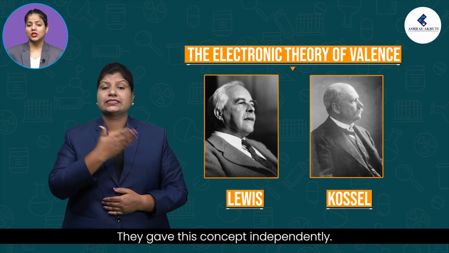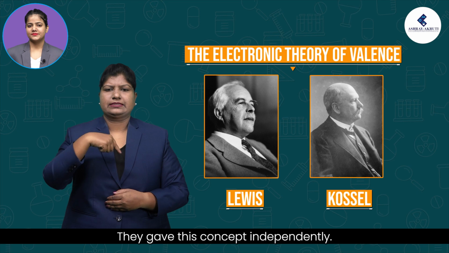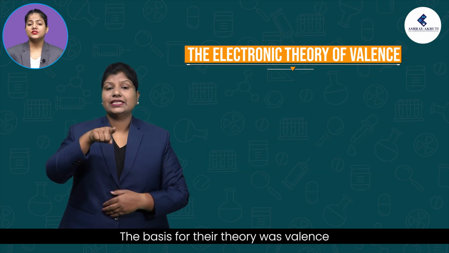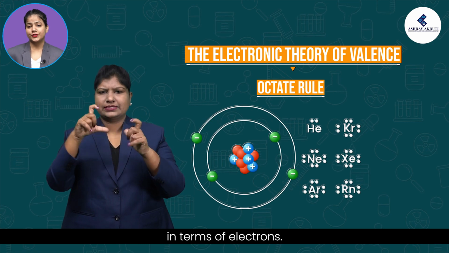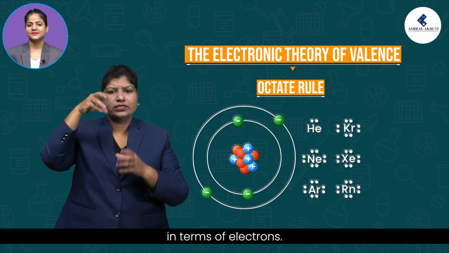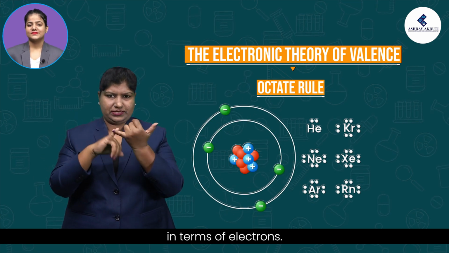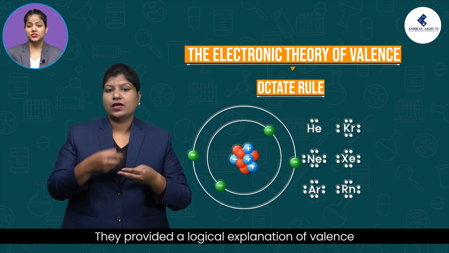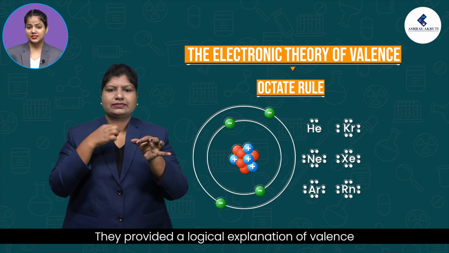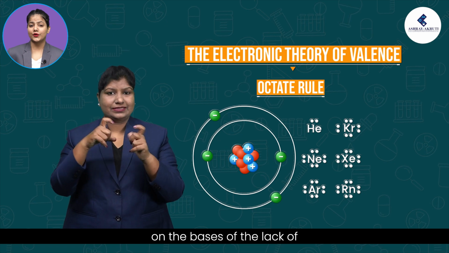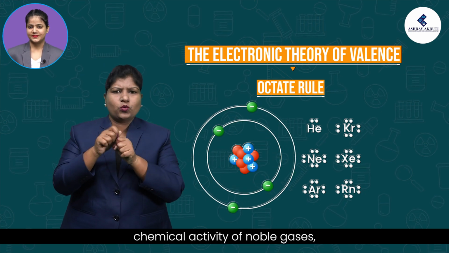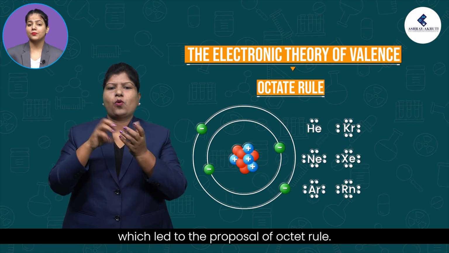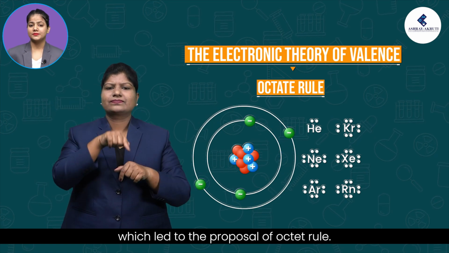They gave this concept independently. The basis for their theory was valence in terms of electrons. They provided a logical explanation of valence on the basis of the lack of chemical activity of noble gases, which led to the proposal of the octet rule.